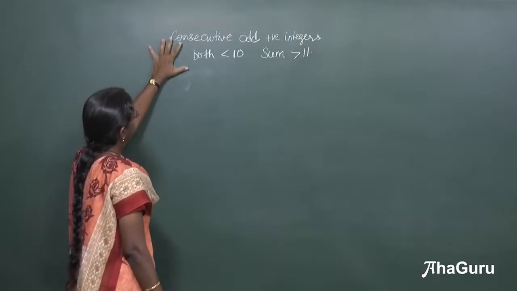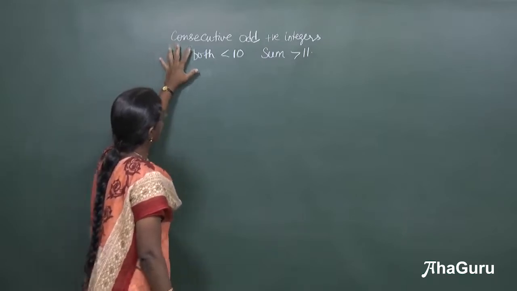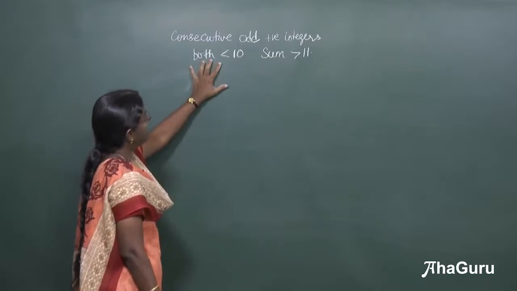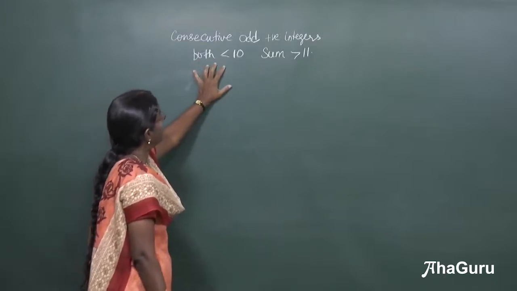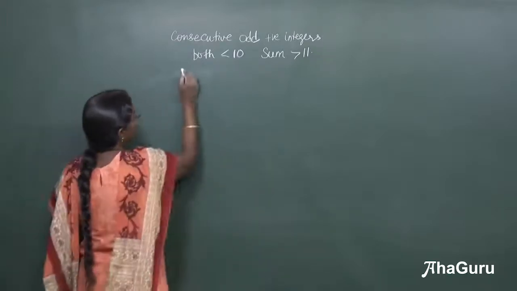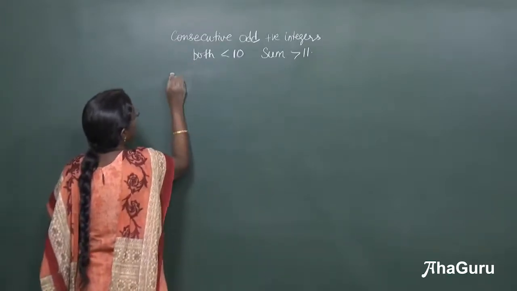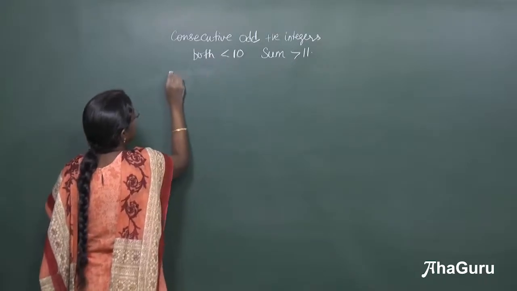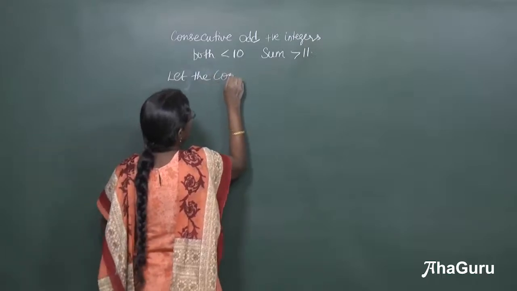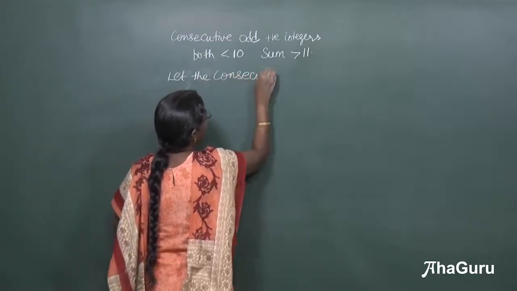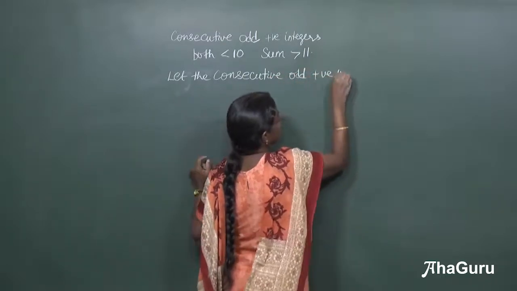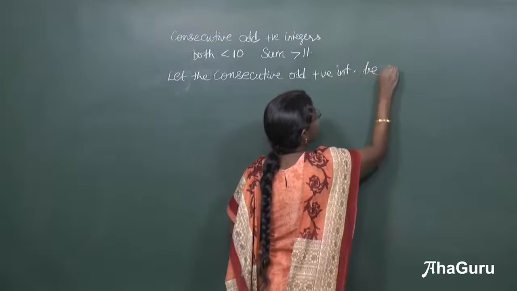We have to find all pairs of consecutive odd positive integers. Both numbers have to be less than 10, but the sum should be greater than 11. Let the consecutive odd positive integers be x and x plus 2.